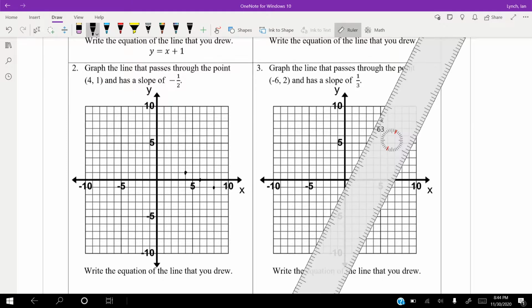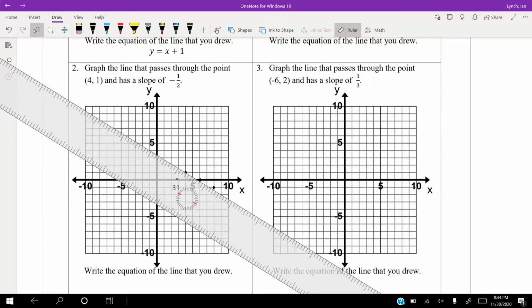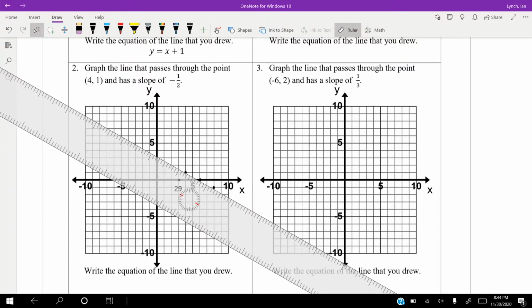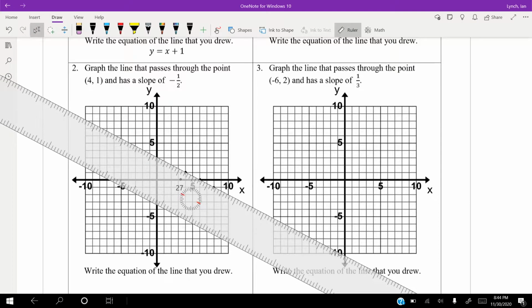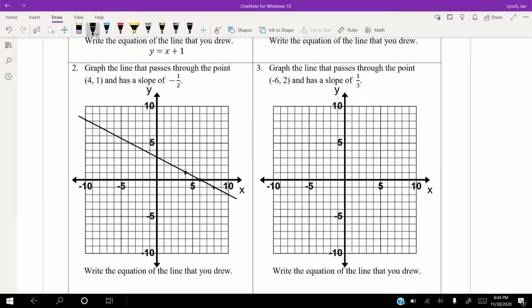Now I'm going to use my ruler, and let's get this line straightened out. That looks good enough. So we can see we're crossing the y-axis at the point 0, 3.